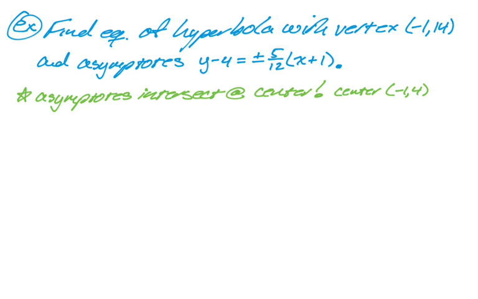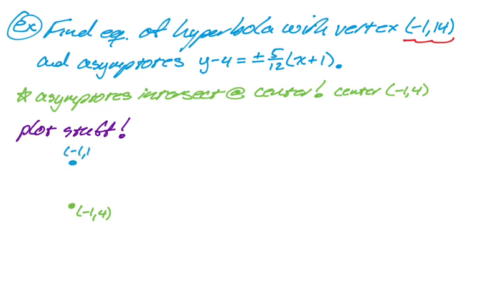All right, the next thing that I'm going to do is plot stuff, because by plotting it, I will have a better idea what's going on. I'm going to plot the center, which is just (-1, 4). Now the key thing here is I need to figure out if the center and the vertex are on the same horizontal line or on the same vertical line, because that'll tell me if I have a vertical or horizontal hyperbola. So I'm going to plot (-1, 14), which is just above this, right?